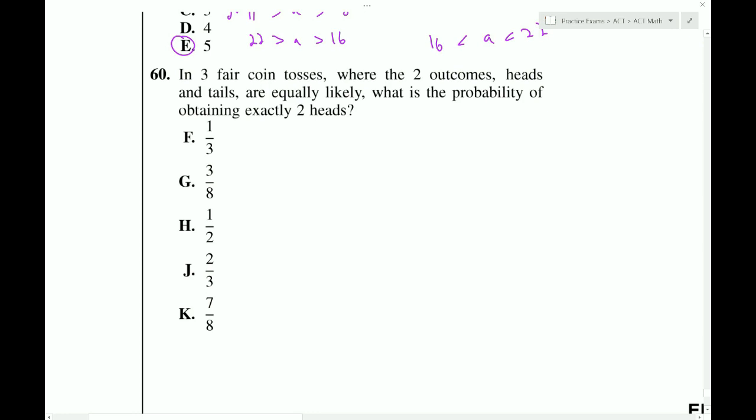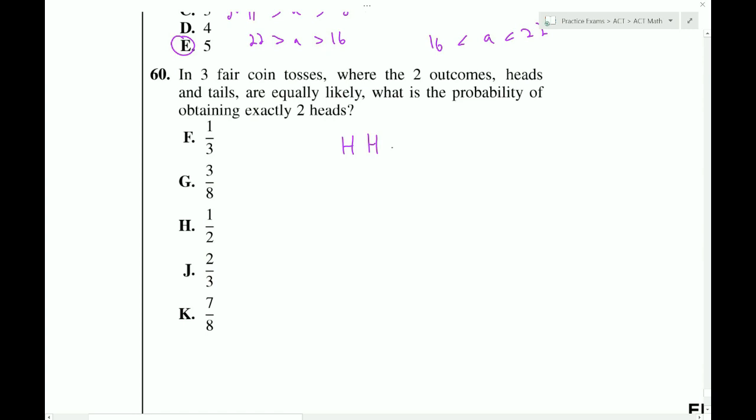In 3 fair coin tosses, where the 2 outcomes, heads or tails, are equally likely, what is the probability of obtaining exactly 2 heads? So we have to use a binomial probability here, which is a very long and annoying formula, but if you'd rather not use that formula, you can also write out the sample space. And since it's coin tosses, it's actually not that hard to do.